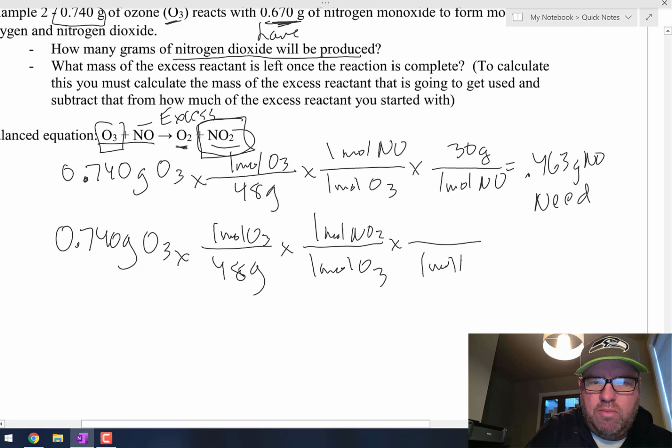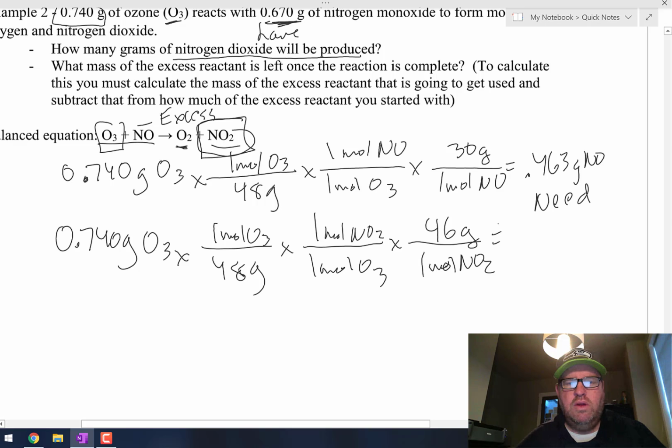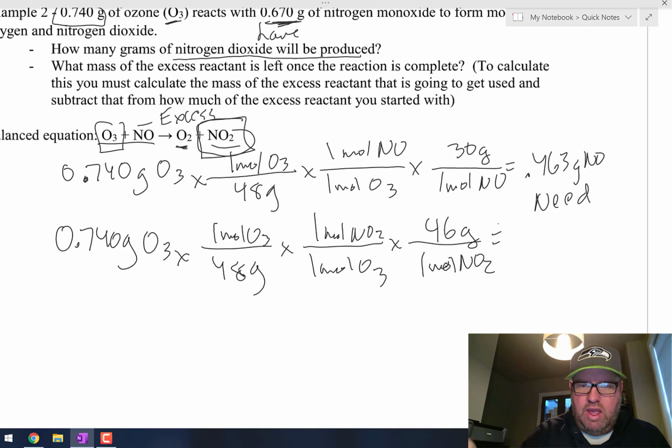And 1 mole of NO2 has a mass of 46 grams. Okay, and now again, I go to my calculator, 0.740 divided by 48 times 46 equals 0.709 grams of NO2.